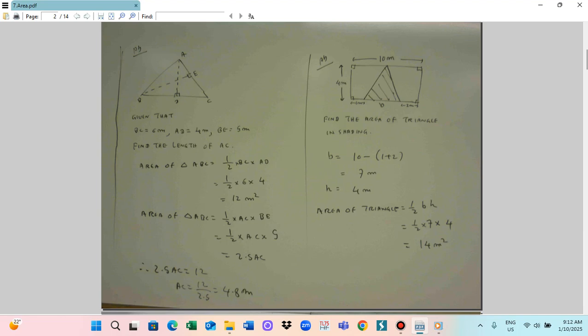And the height is 4 meter. The formula is half multiply base multiply height, so half multiply 7 multiply 4, you get 14 meter square.